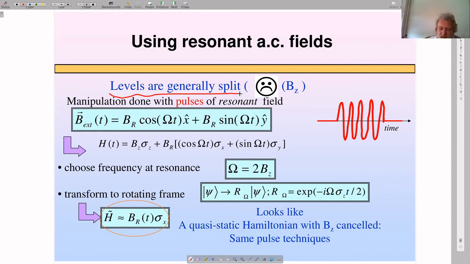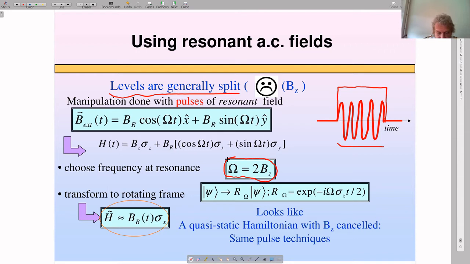So instead of a constant pulse, we will actually apply a pulse of radiation, a train of oscillations, which will have a frequency matching the splitting of the levels.